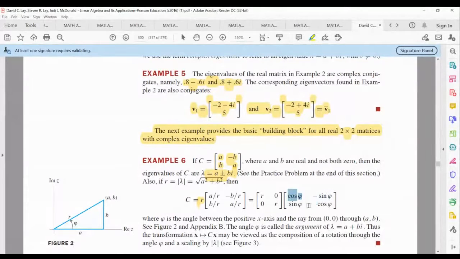So, okay. Now, how are they getting the cosine of varphi here? How are they getting the cosine of that angle? Well, the first entry here is A over R. So based on the picture, if you look at A and you look at R, how is the ratio of A over R defined?